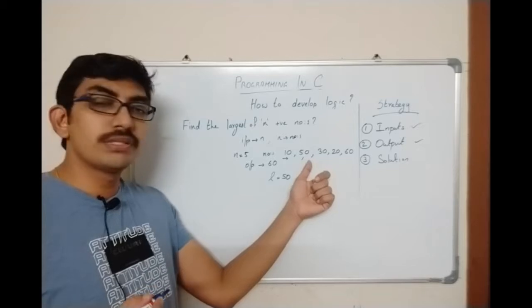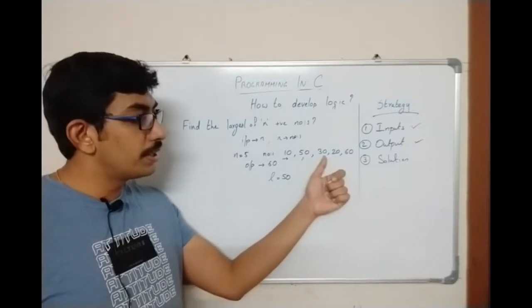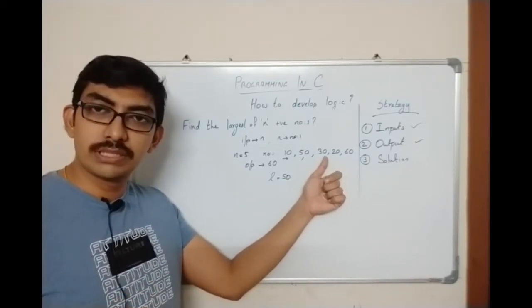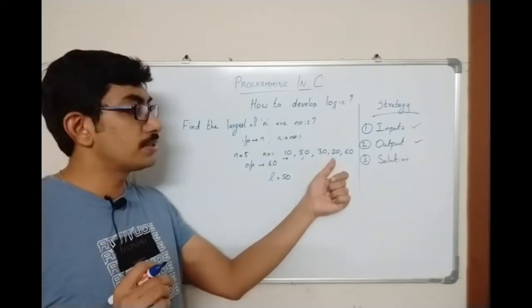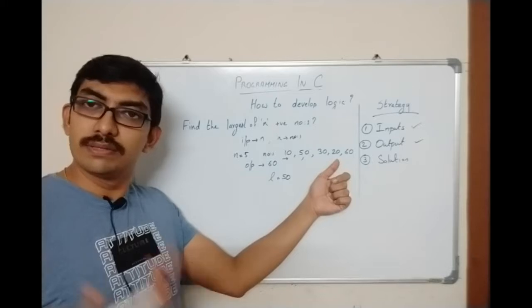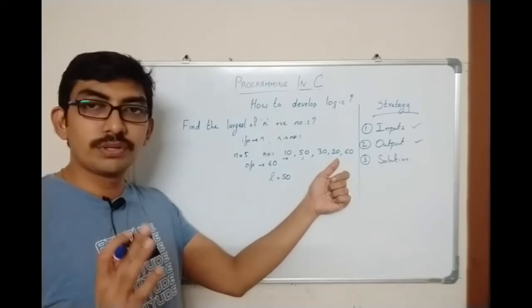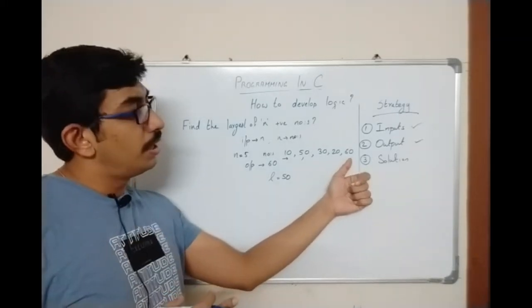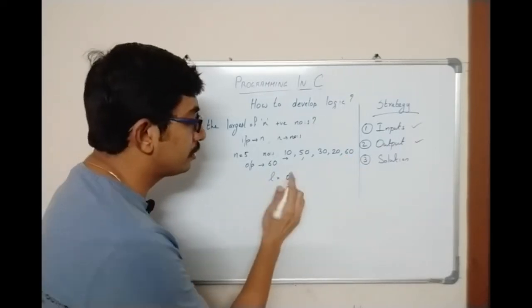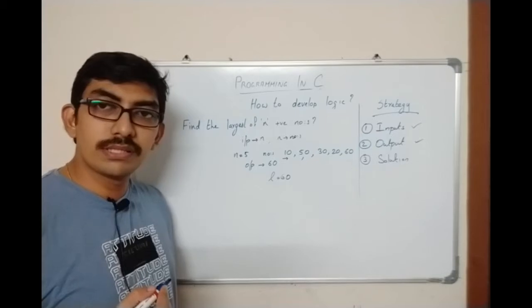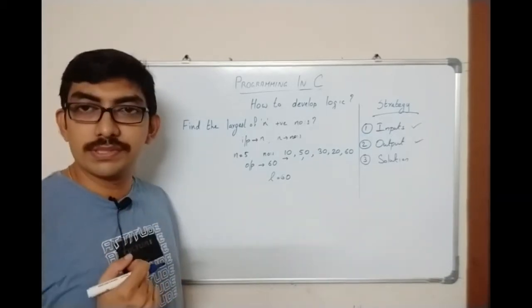So out of the two numbers, 50 is the largest. Now I am giving the number 30, it is less than 50, so you are not going to update. In your mind, 50 is still the largest number. When I say 20, again 20 is less than 50, so in your mind 50 is the largest. And when 60 comes, 60 is greater than 50, again you will have an update. You will make the largest number 60 and you will say 60 is the largest number.